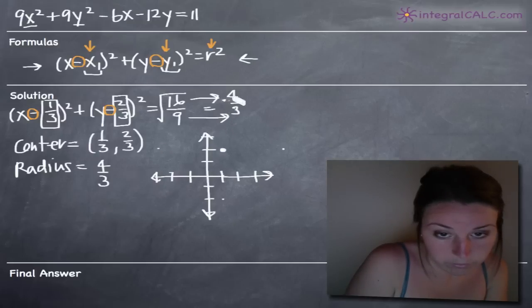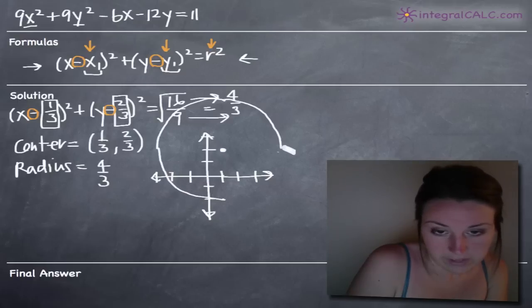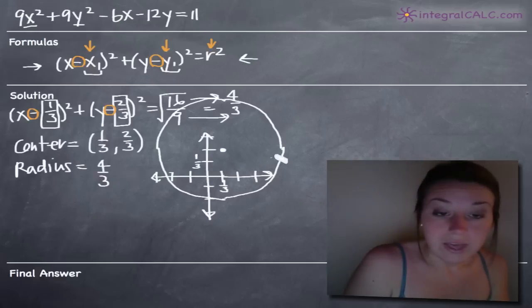Something about there. So it's going to look about like this if the axes are marked off in increments of 1/3. That is an ugly circle, but this is 1/3 and 1/3 right here. So that's all we do.